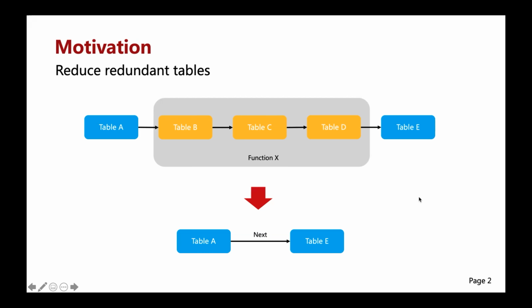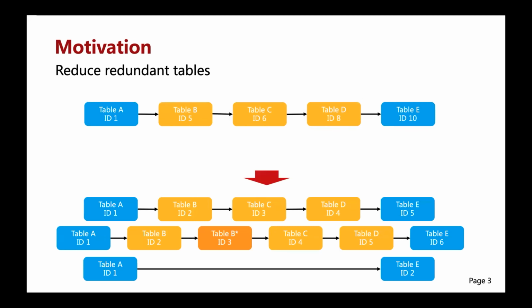The next table of table A will be table E. In this way, the packet can save steps in the pipeline. This is the first motivation: to reduce the redundant tables in a pipeline. Oh sorry, I didn't change the title.